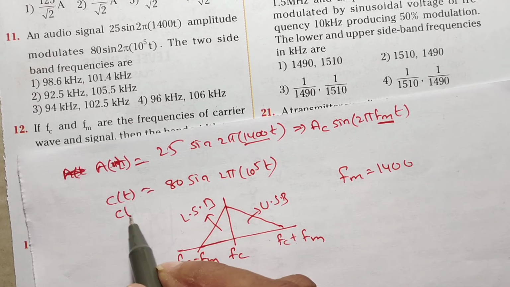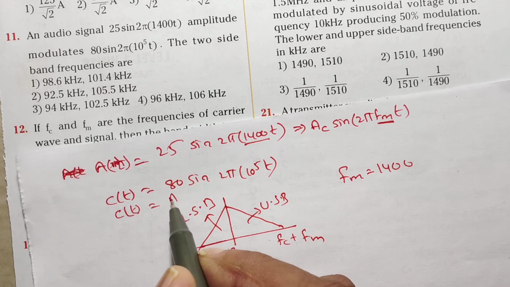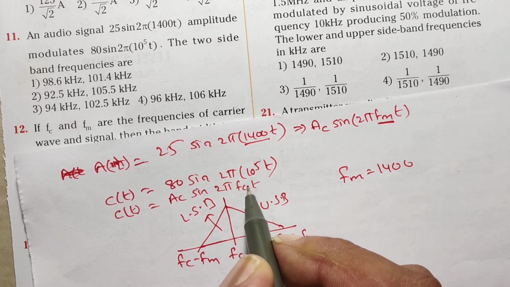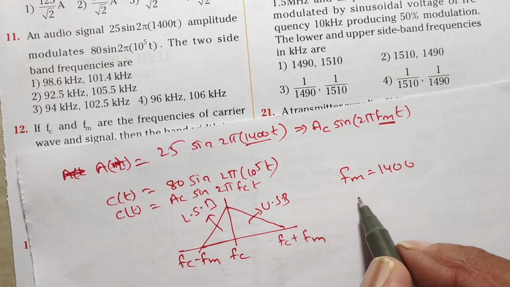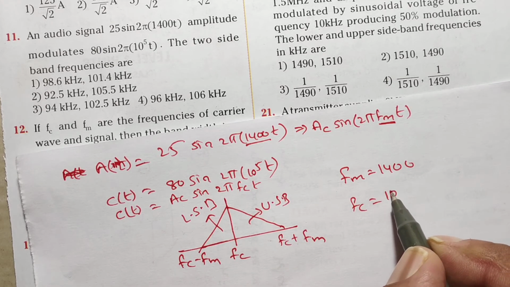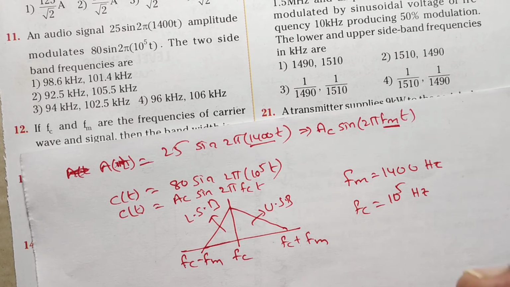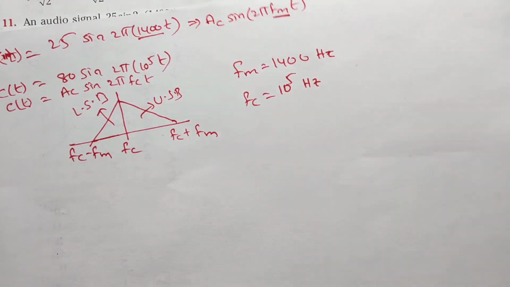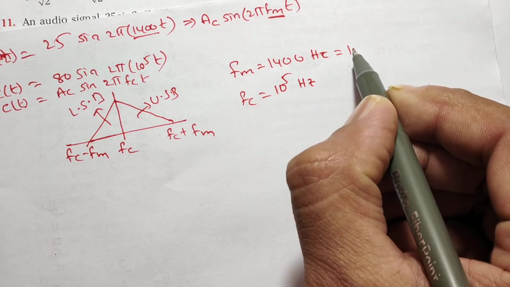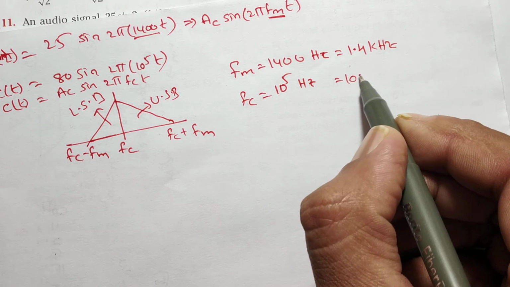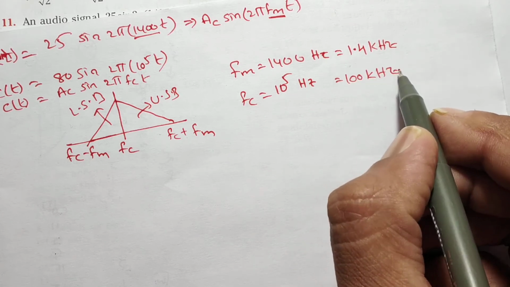And also C of t we are comparing with AC sin 2 pi fct. That means FC is 10 to the power of 5 hertz. Now I am writing 1400 as 1.4 kilohertz, and this as 100 kilohertz.